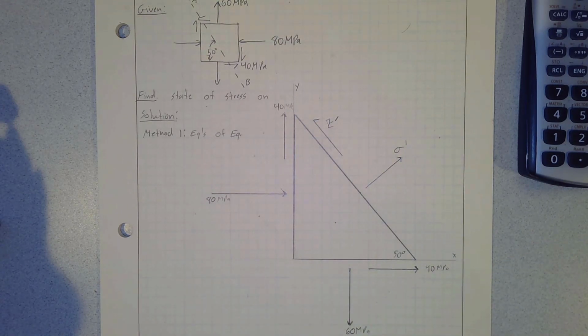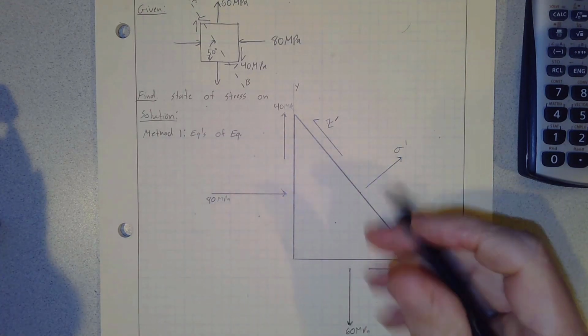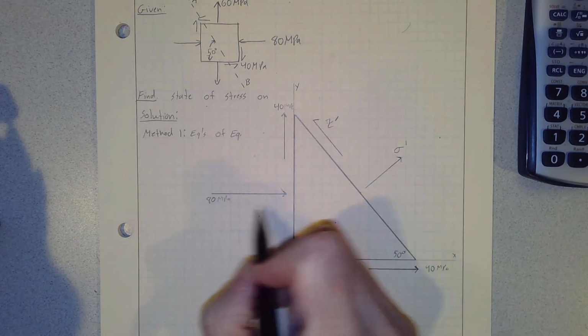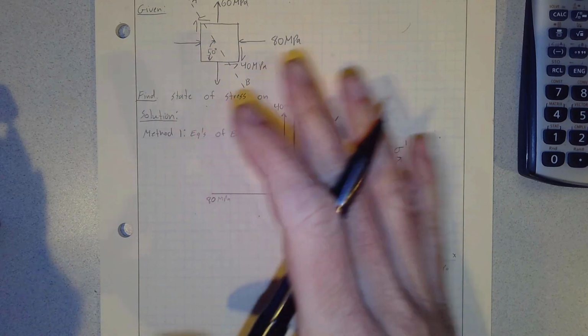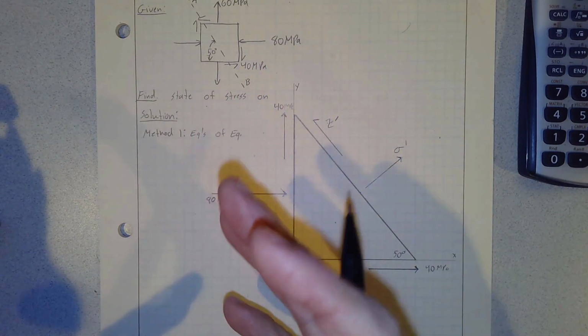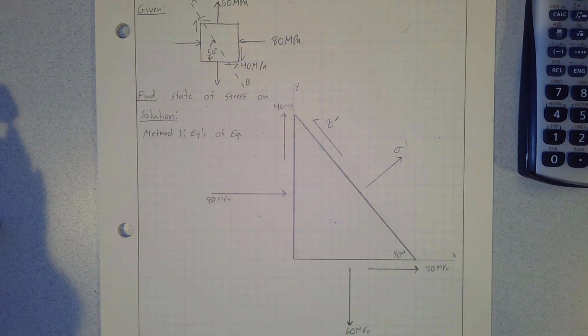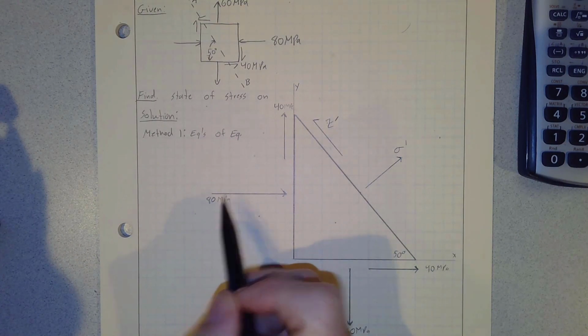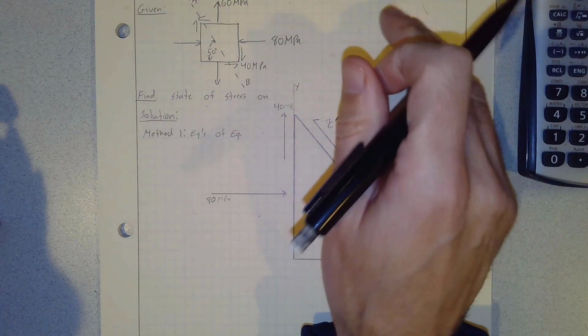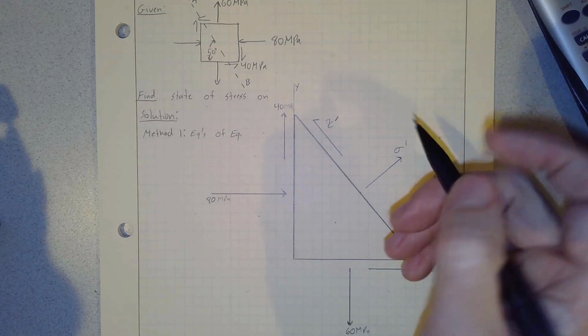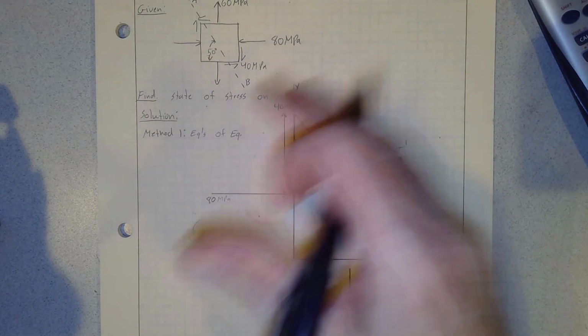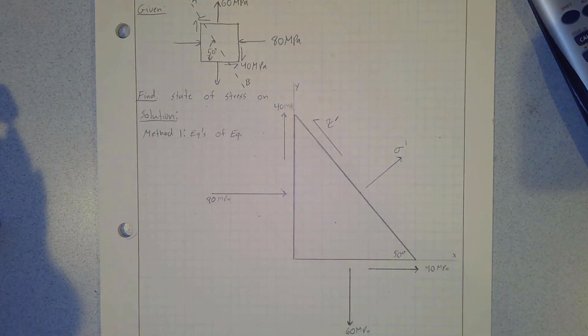These are not forces, they're stresses. So if we're going to use equations of equilibrium where we're summing forces, we need to turn these stresses into forces. And as you recall, a stress is just a force per area, so what we need to include in our equations for equilibrium would be the areas.